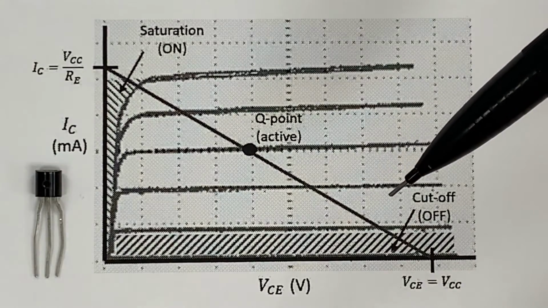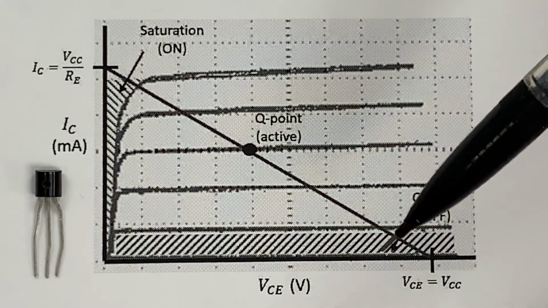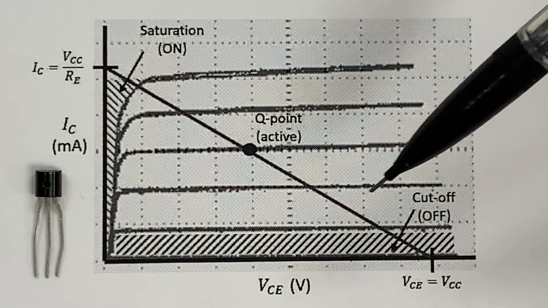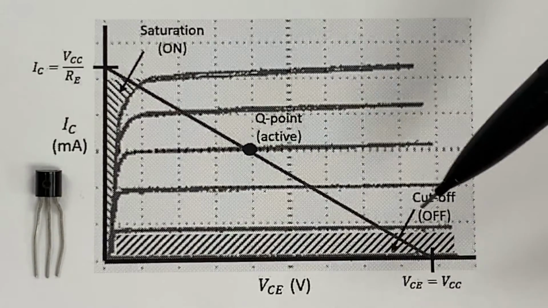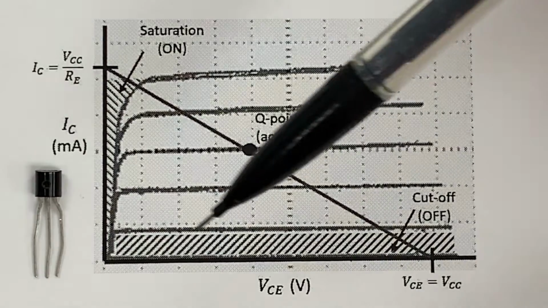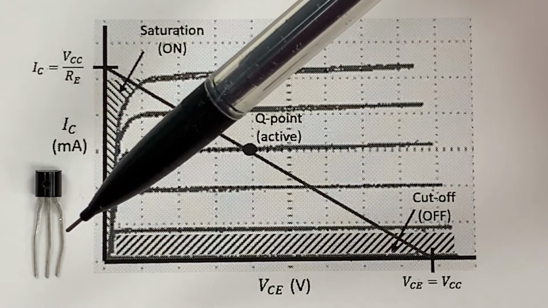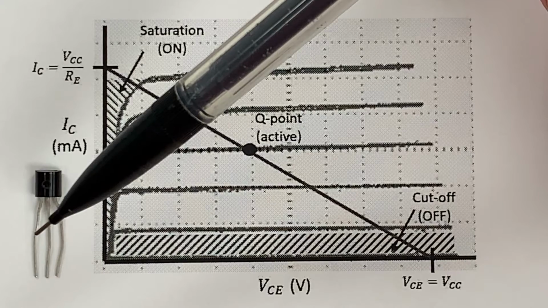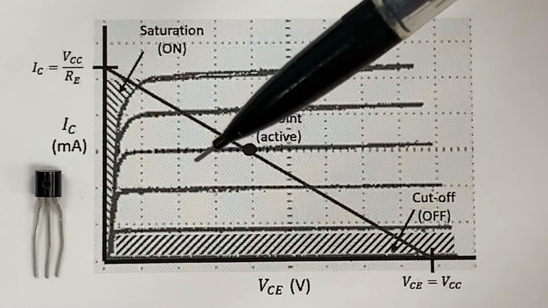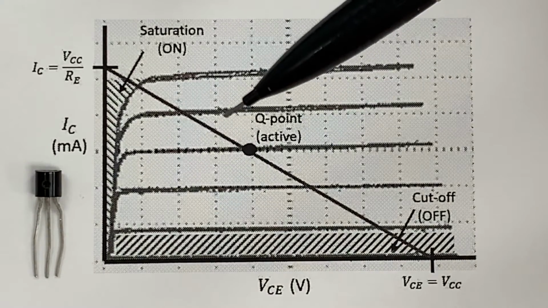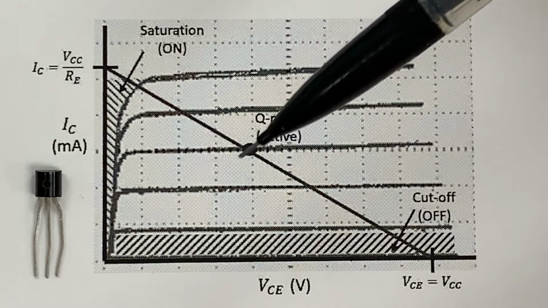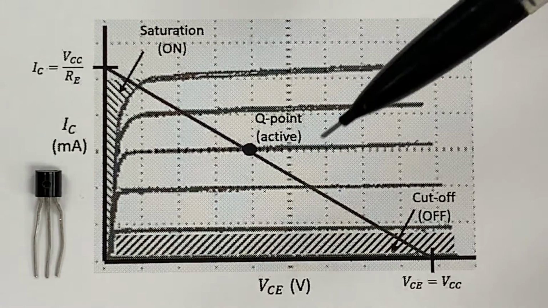The last mode that it can operate in is this cutoff region, or cutoff mode. This is when the emitter and the collector are both in forward bias mode. So this results in no flow of current.